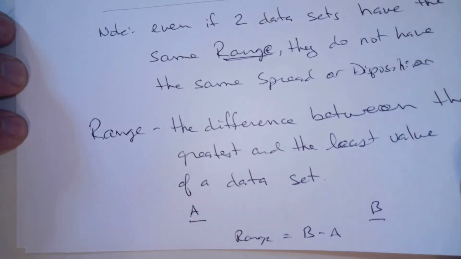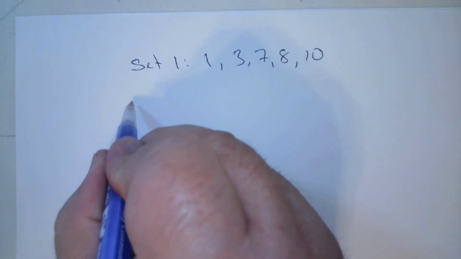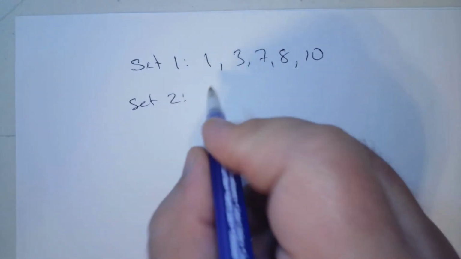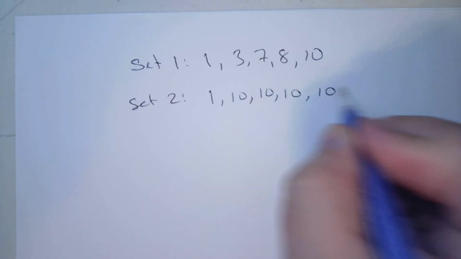Let's look at an example, or a small description of this stuff. We have two sets. Set 1 is made up of 1, 3, 7, 8, 10. Set 2 is made up of 1, 10, 10, 10, 10.